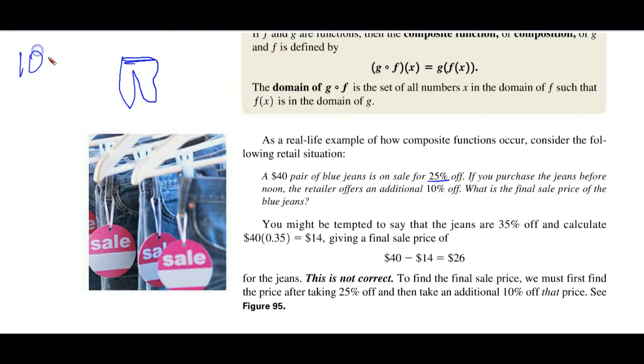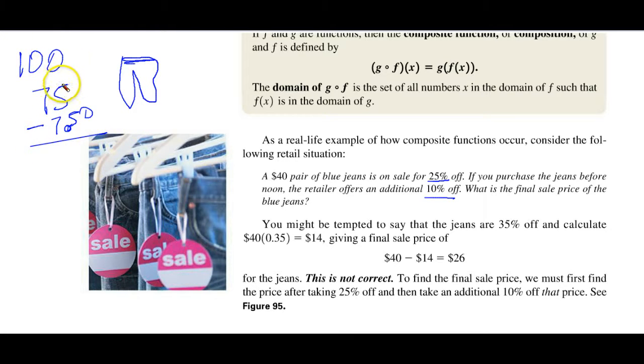So they were 100. Now they're going to be 75. So after your initial computation, you get a 75. And then at the register, you have a coupon which says you can have an additional 10% off. So you're going to get another 10% off. So that will be minus 7.50. And then that is your final output.